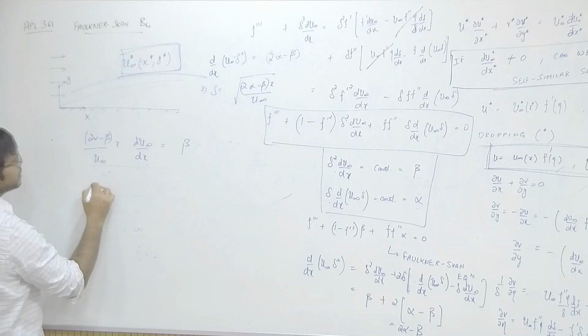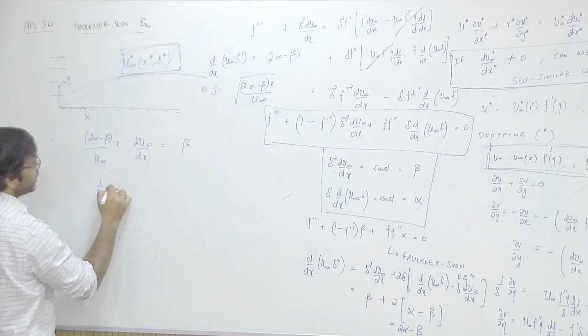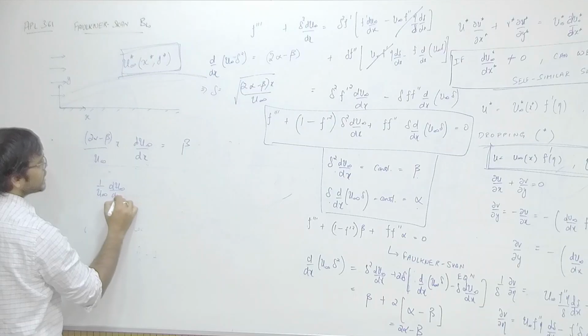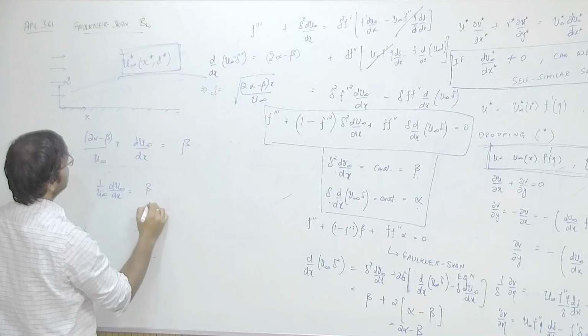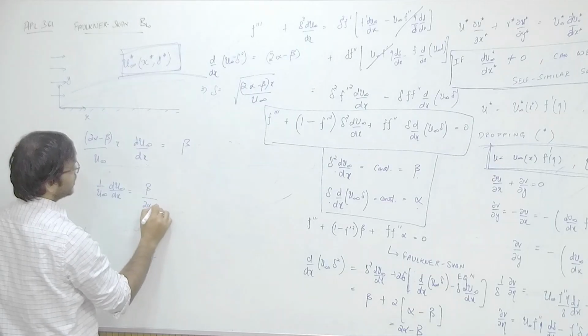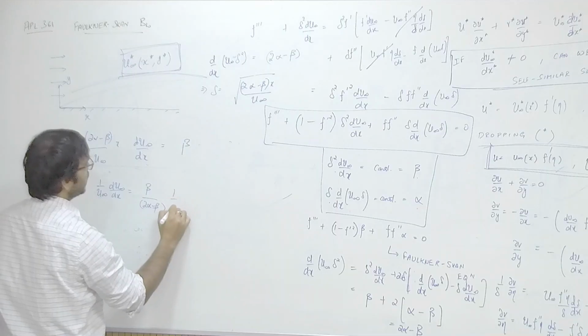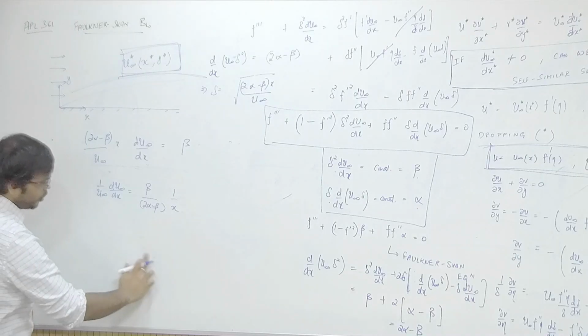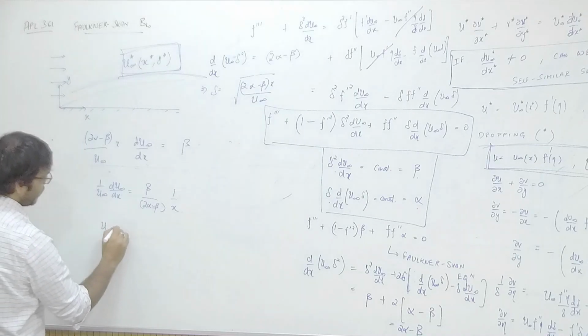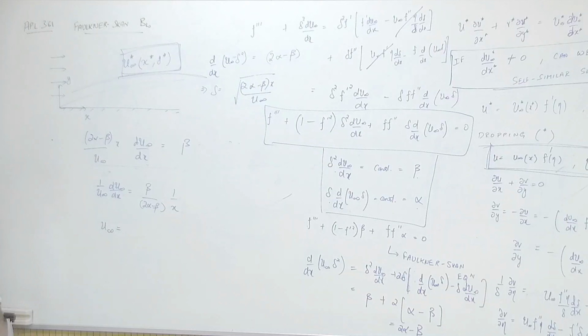So that means 1 by u infinity du infinity over dx is beta over 2 alpha minus beta, 1 by x. What do we get from here for u infinity?